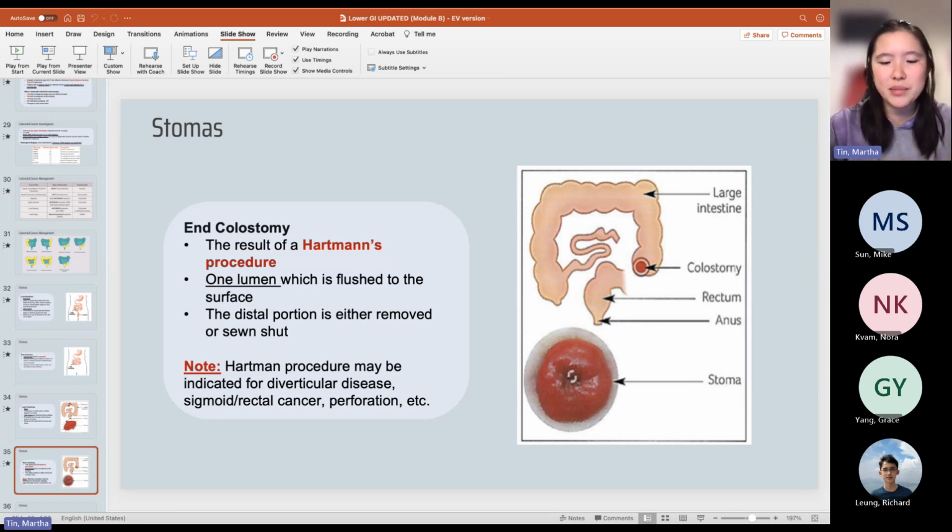It's usually done in an emergency. Oftentimes someone might end up with an end colostomy if they have a perforation where they've unexpectedly had to remove a big chunk of bowel, and it's not safe to form anastomoses at that point, so you end up with an end colostomy. Cool.